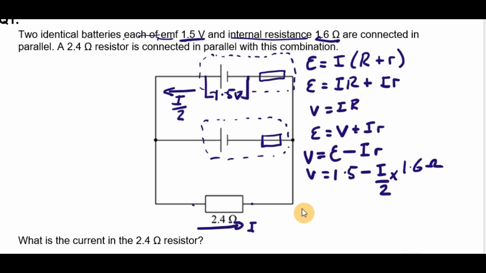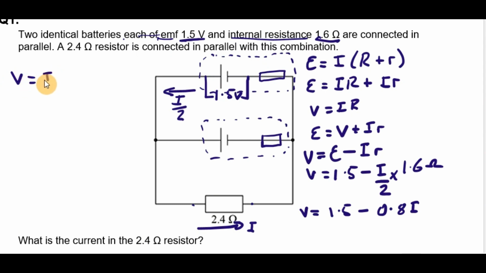Just simplifying that, I can say that the terminal PD is equal to 1.5 minus 0.8 I. Now, I can come up with a nice simple value for the potential difference across this 2.4 ohm resistor.